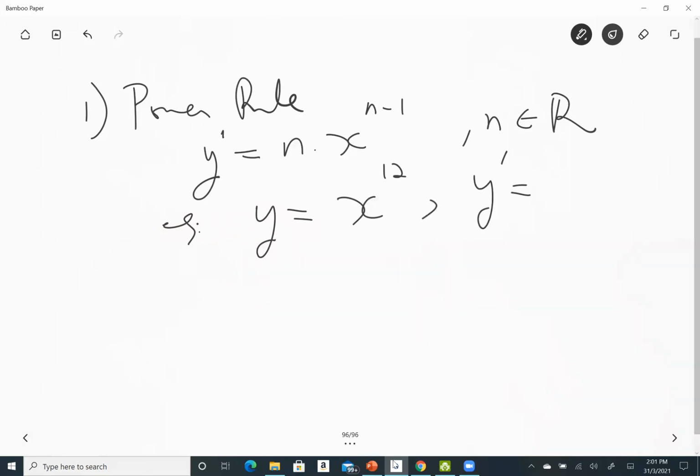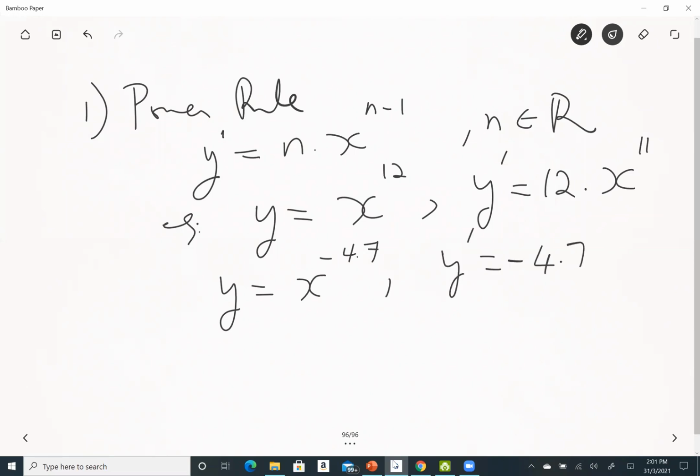You bring down the power, so it becomes 12 multiplied by x, and then reduce the power by 1. So that's 11. Or example number 2, I have y equal to x to the power of negative 4.7. What is y prime? Again, you bring down the power, multiply by x, and reduce the power by 1, so that becomes negative 5.7. So this is the power rule, very simple.